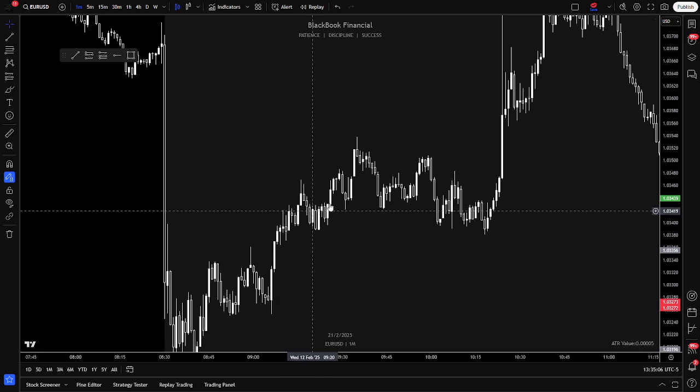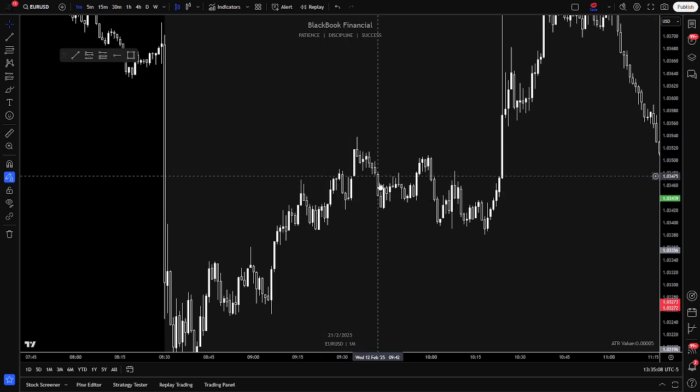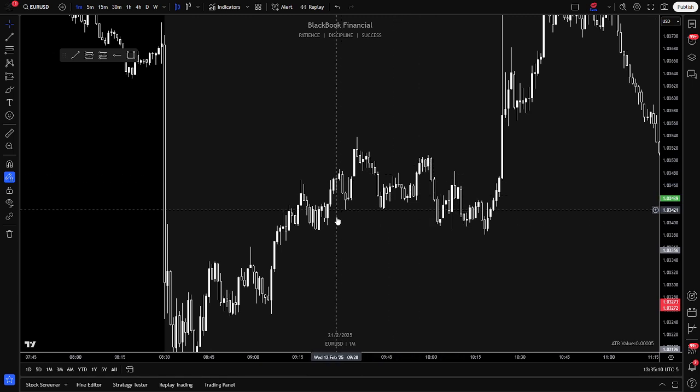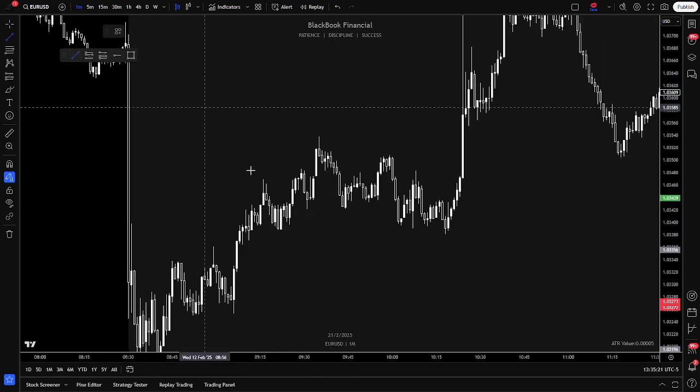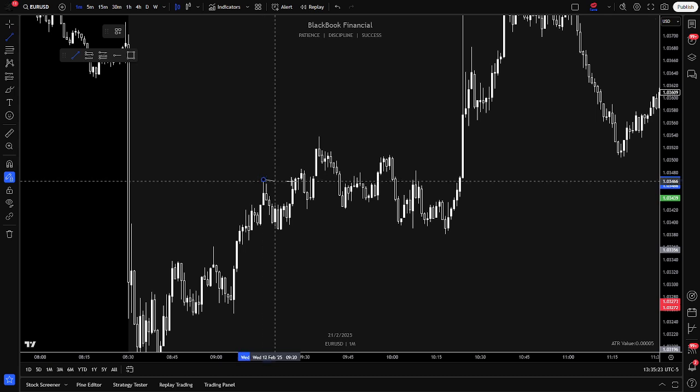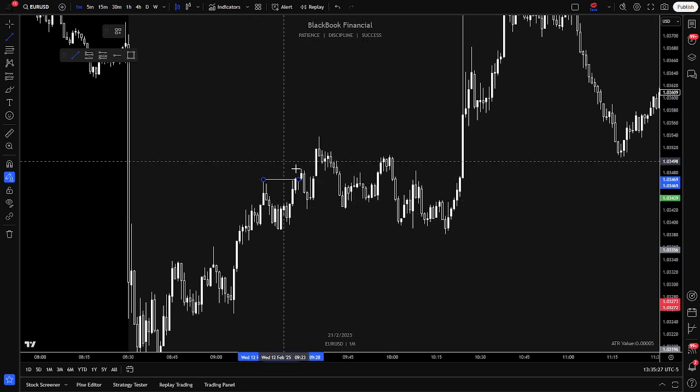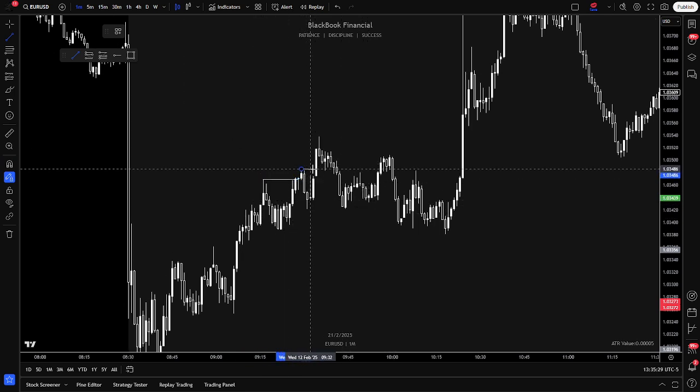We can see price consolidate, pull up, pull around, but all these swing points here, even this one, they're both valid swing points, right? So we wait for the validation, which we received right here when market pushed higher.